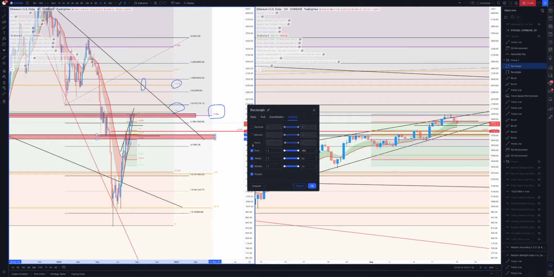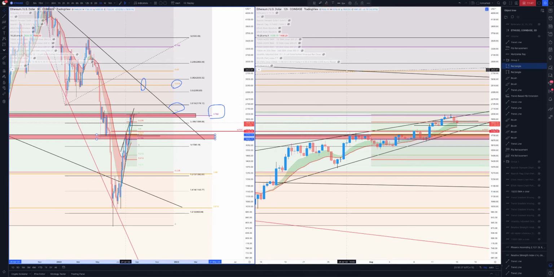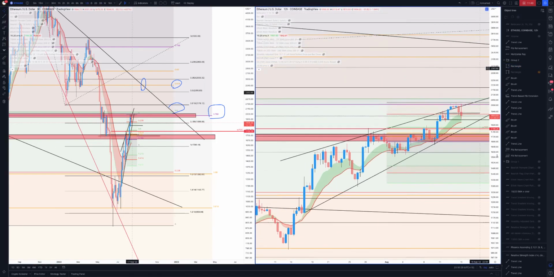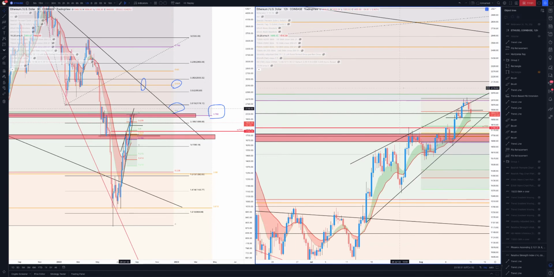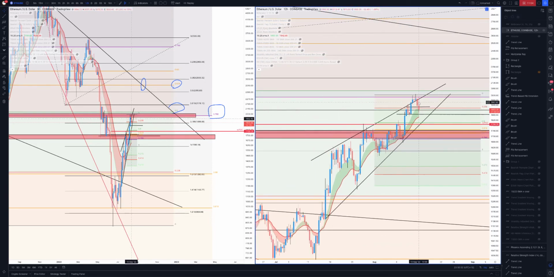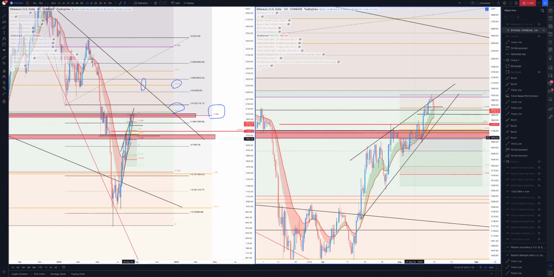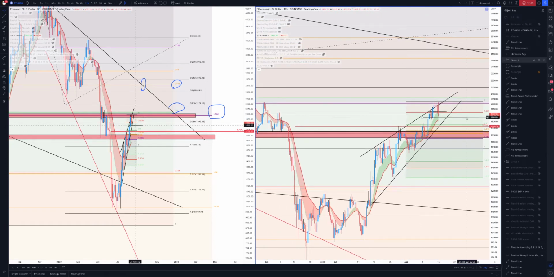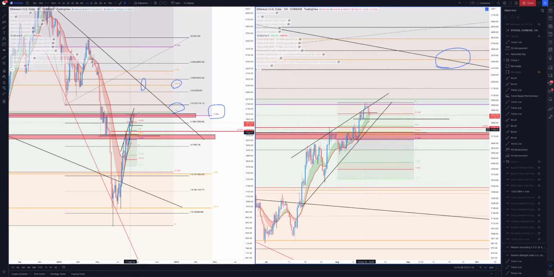Okay, there you go. So that's the level. Like I said, very strong, important level. We're going to potentially consolidate here. We go sideways here and then go up one more. So I'll be looking to enter.